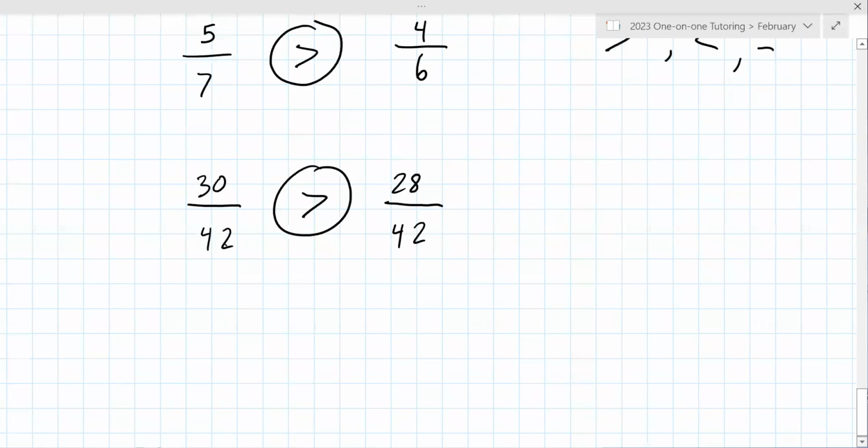Okay. So here's another one. Let's say it's 0.56 and 5/9. Okay. There are a couple of ways to do this. I'm not sure if you've seen this yet, but tell me what you're thinking on this one.